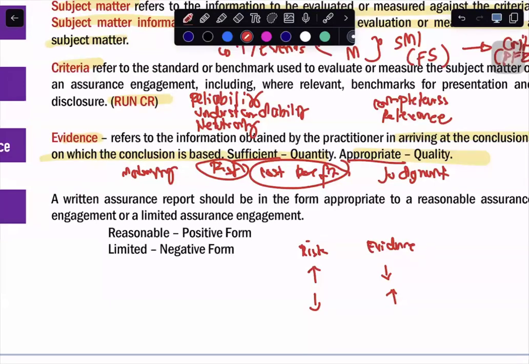Next, the relationship of our evidence as to cost-benefit. So if we look into the nature, timing, and extent of our audit procedures or gathering of our audit evidence, we determine the cost of using that procedure, at the same time, the benefit we take out of using that procedure.